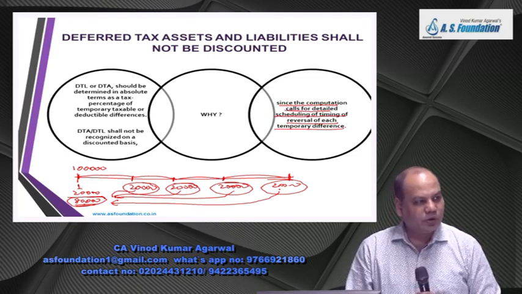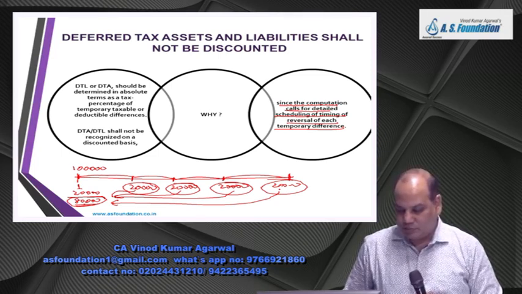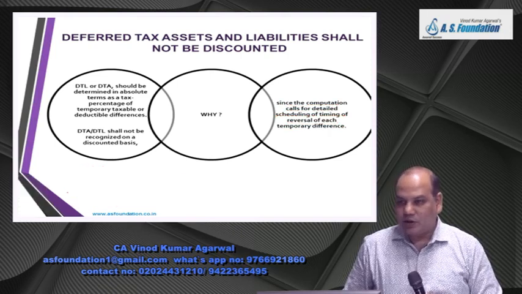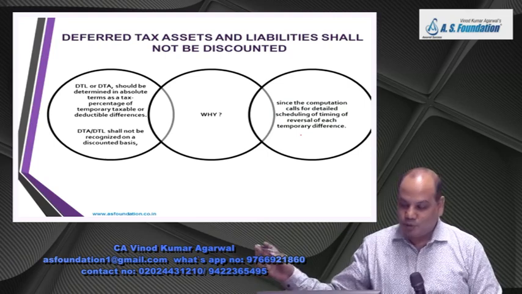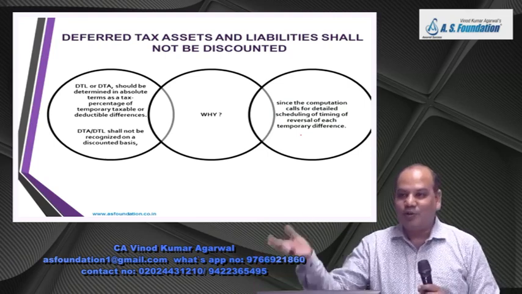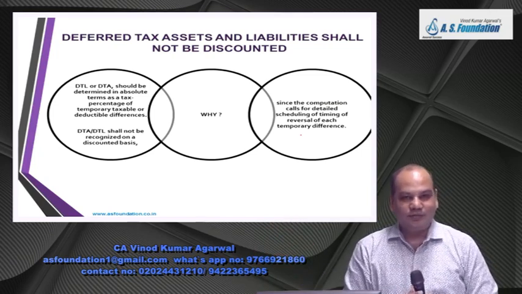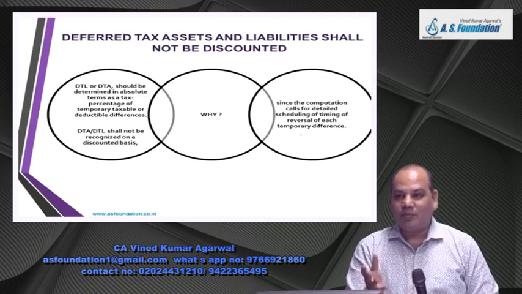This is a simple example, you understood. But practically, you don't just deal with one asset. You deal with hundreds of assets. You keep buying the asset, selling the asset, revaluing the asset, writing off the asset, impairment of asset.